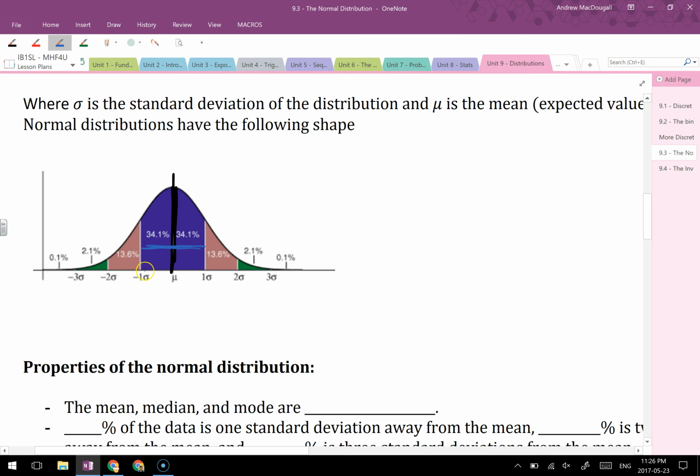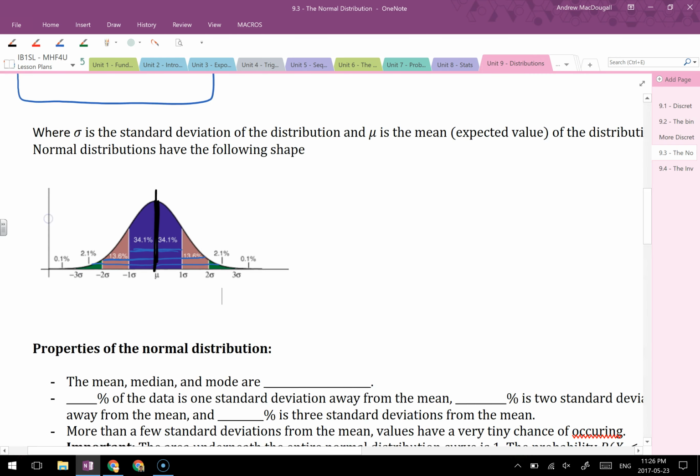We find 68% of our data. We get about 95% if we go another standard deviation away. If we go 3, we actually get over 99% of our data. So you can see why the tails might go on forever in either direction, but a very, very small amount of data lies on the curve the further out you go.